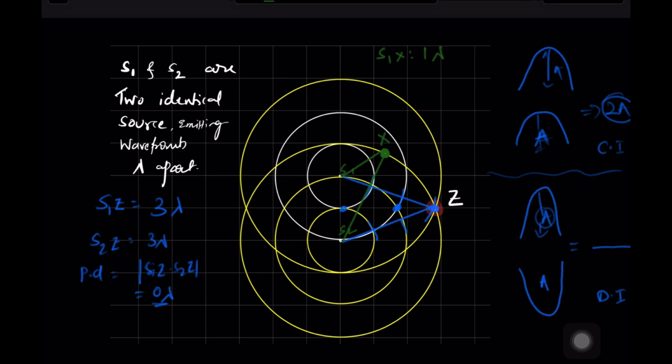And the distance S2 takes to reach the point X is 0.5 lambda. Whenever we see a path difference of 0.5 lambda, 1.5 lambda, or 2.5 lambda, half integral multiples, you get destructive interference.